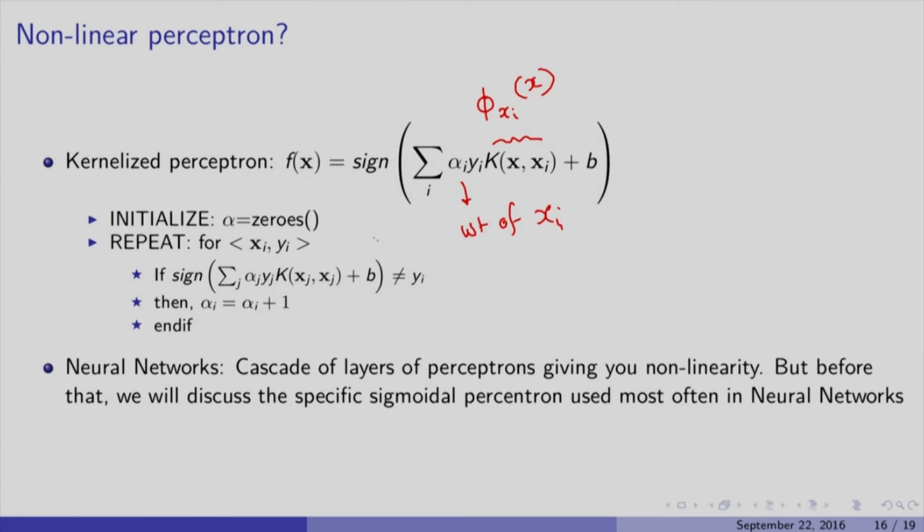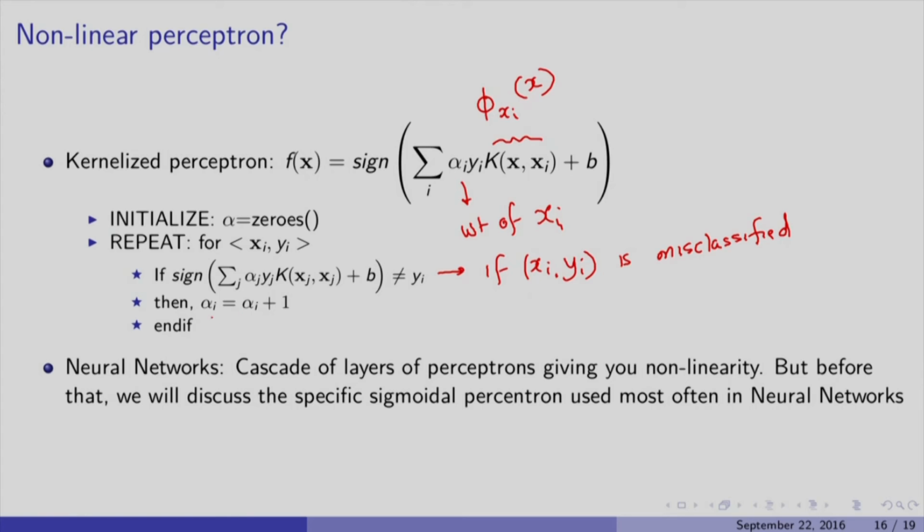Now for this kernelized perceptron we can show that there is an algorithm that converges. We initialize all the alphas to zeros, and for all the points on which there is misclassification, so if xi, yi is misclassified, we update the weight for xi.